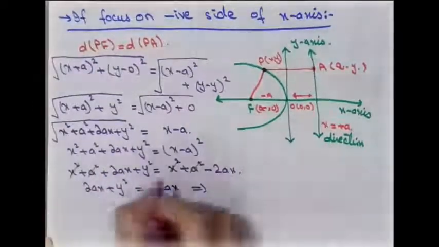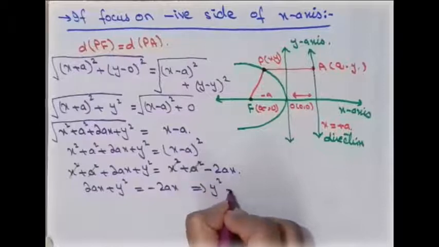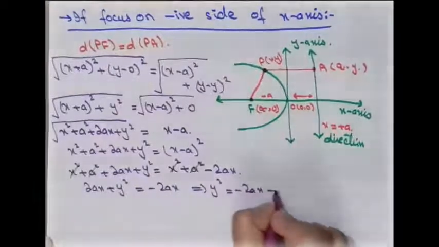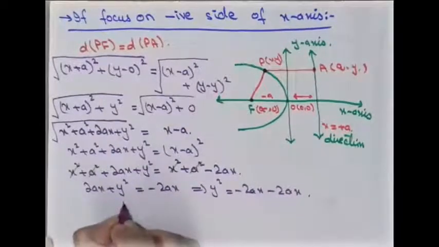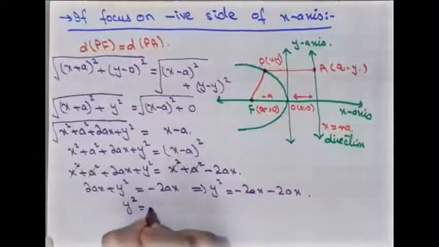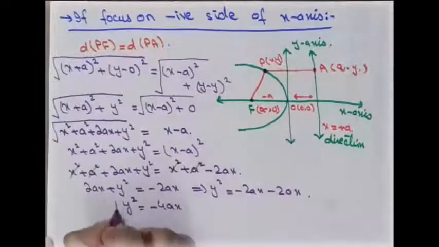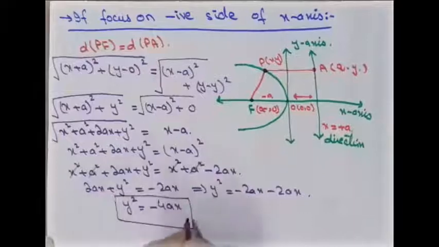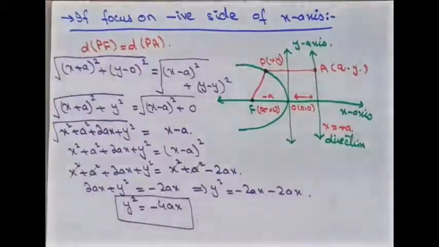If we take this factor to the other side, y square equals minus 2ax. So finally we obtain the final equation of a parabola when our focus is on the negative side of the x-axis.